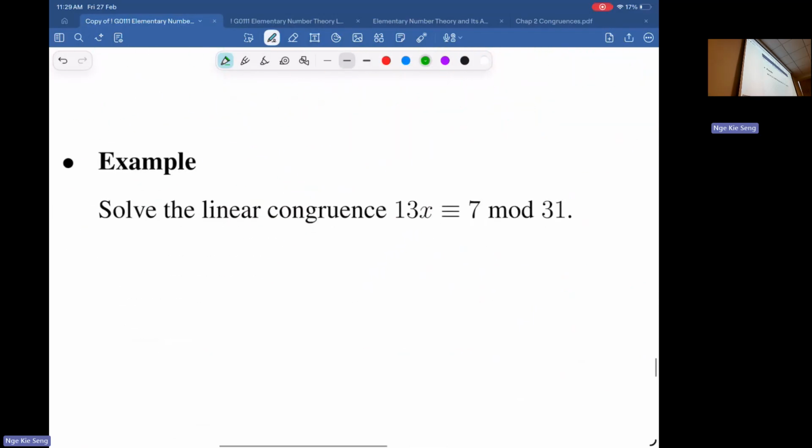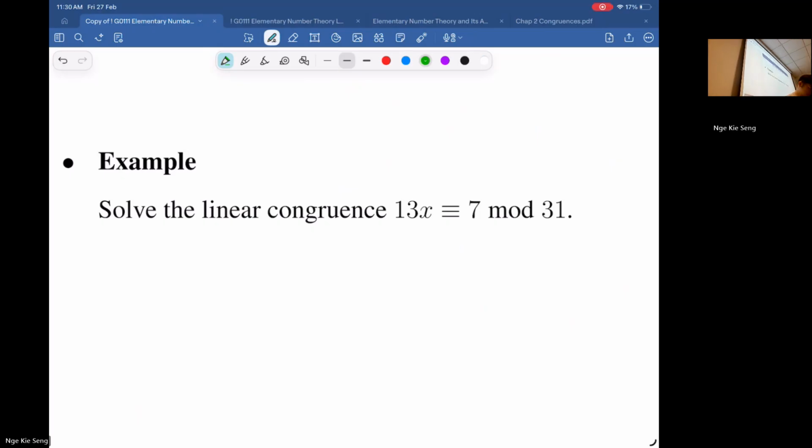So now we're going to solve this congruence: 13x is congruent to 7 mod 31. In this case, you can do what we did just now, either the linear Diophantine equation or you could list everything. But how many things would you need to list? 31 of them. So instead of doing that, we will use what we know about congruence. We're going to replace this with an easier congruence. If you can replace any term inside the product, you can replace this congruence.